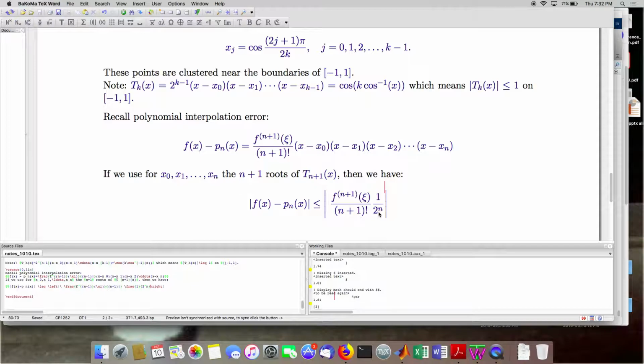Let me make this a little clearer. So that's 2 to the n.